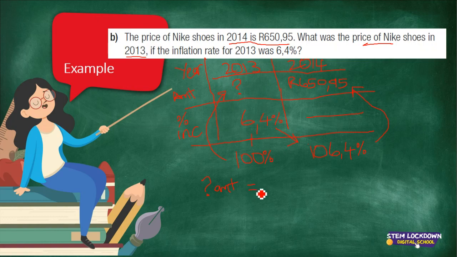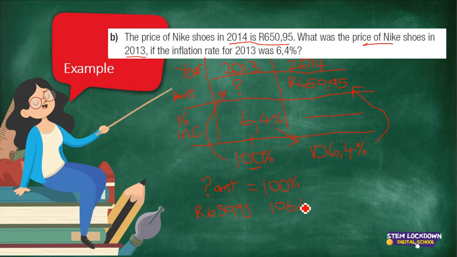If the amount for 2014 is 650.95, now the amount for 2013 is equivalent to 100%, and the amount for 2014 is equivalent to 106.4%.